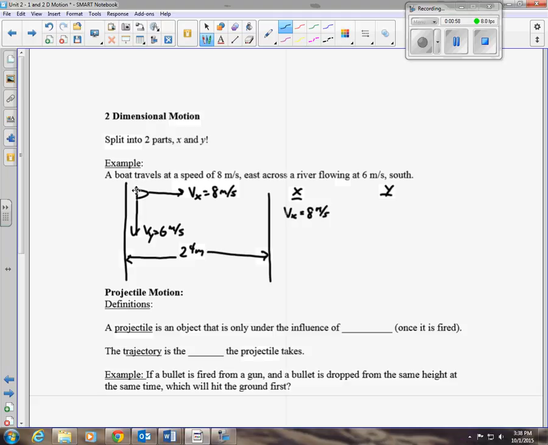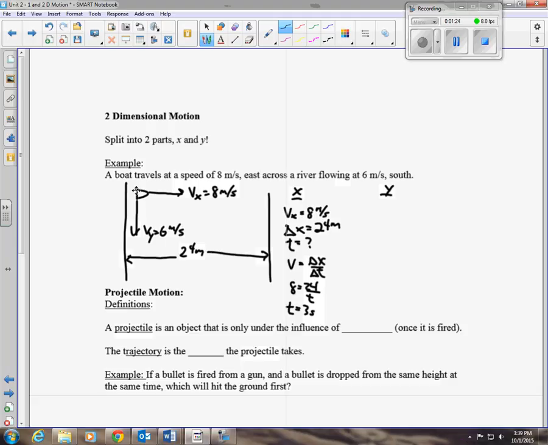And the distance across is 24 meters, and I want to know the time. So I could use velocity is displacement over time. Since it's a constant speed, I don't have to worry about acceleration. And I would get 8 is 24 over t. And then the time would end up being 3 seconds.